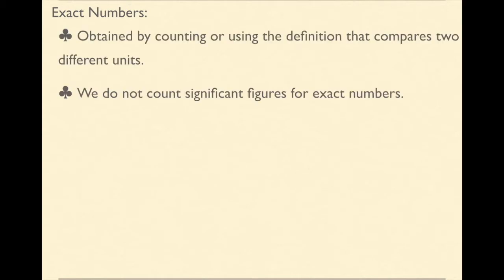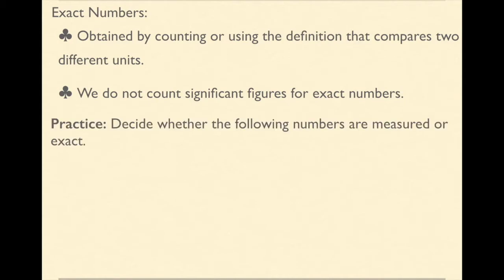So in this class, we'll be working with measured numbers, but we'll also be working with exact numbers. Now, exact numbers are obtained by counting or using the definition that compares two different units. And when we're dealing with exact numbers, we do not count significant figures, only when we're using measured numbers.